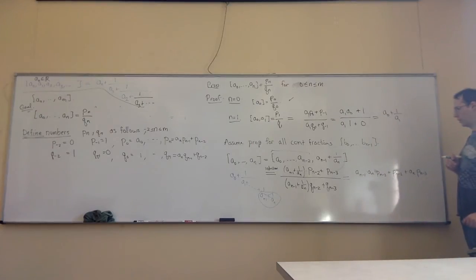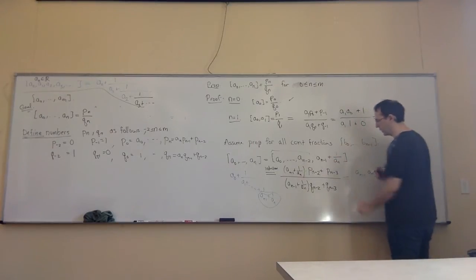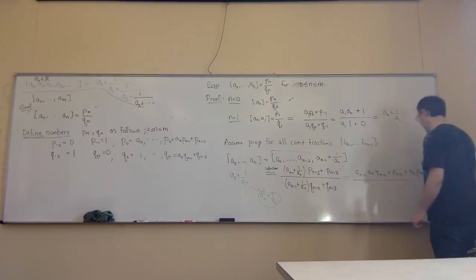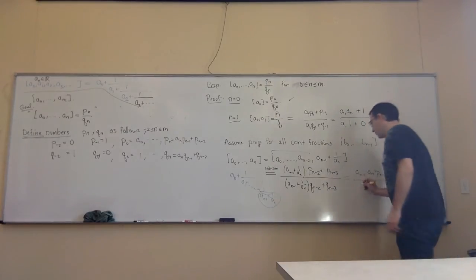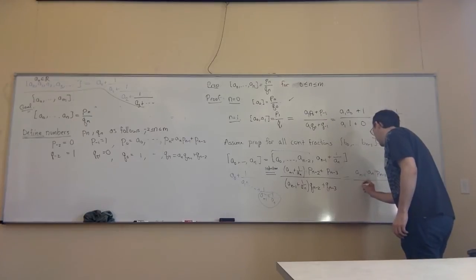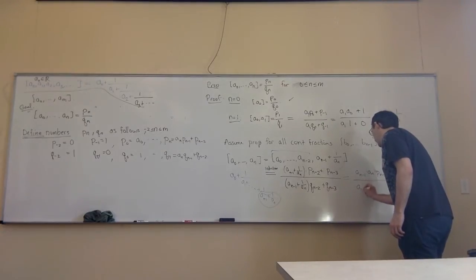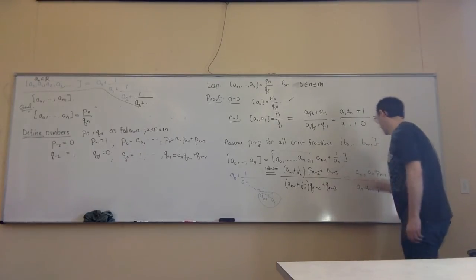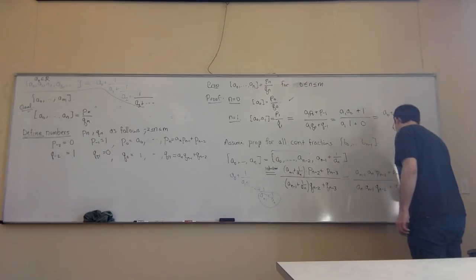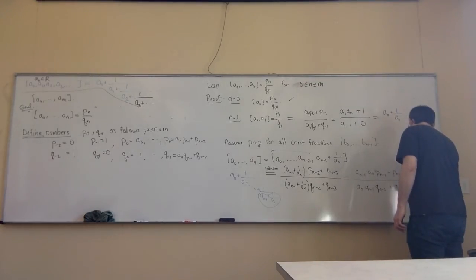Correct? All I did was multiply the top by a sub n and expand it out. And now the bottom, again, multiply by a sub n and expand it out. So I get a sub n times a sub n minus 1 times q sub n minus 2 plus q sub n minus 2 plus a sub n times q sub n minus 3.